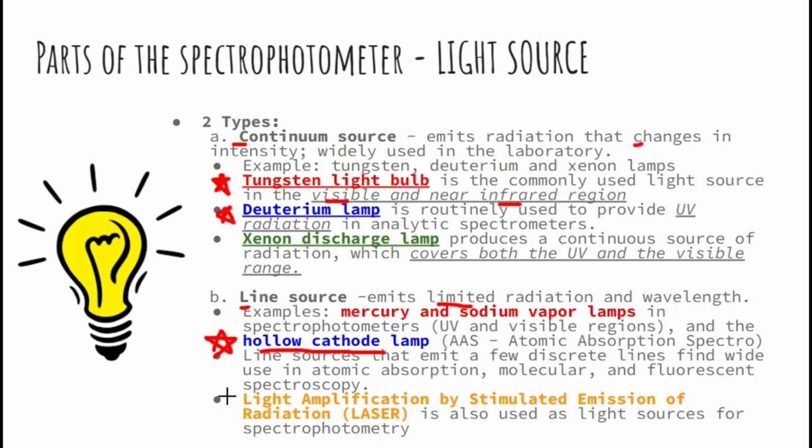And then under also line source, we have light amplification by stimulated emission of radiation, commonly known guys as laser. Ayan, si laser pala, meron pala siyang ibig sabihin. Again, that's light amplification by stimulated emission of radiation. That is under line source.